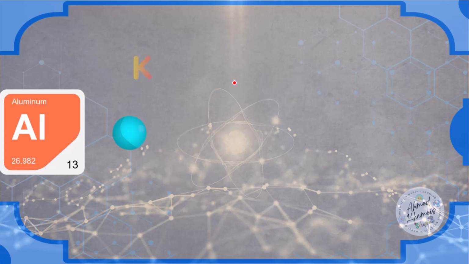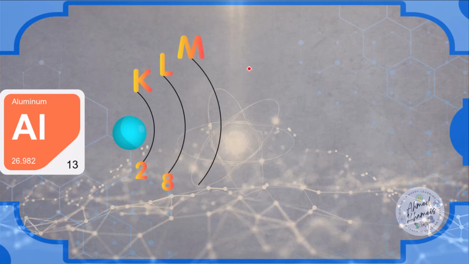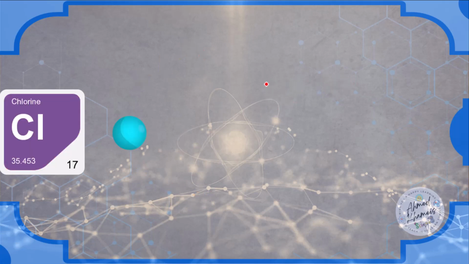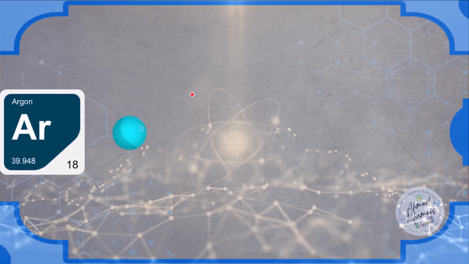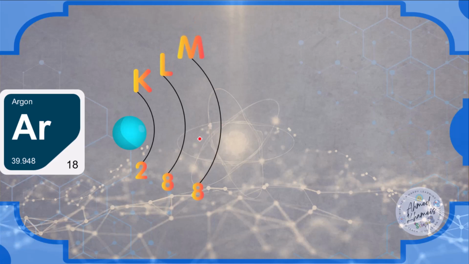Aluminum, outermost energy level less than 8 electrons, so it's active. Chlorine, outermost less than 8 electrons, so it's active. Argon, outermost energy level contains 8 electrons, so it's inactive.